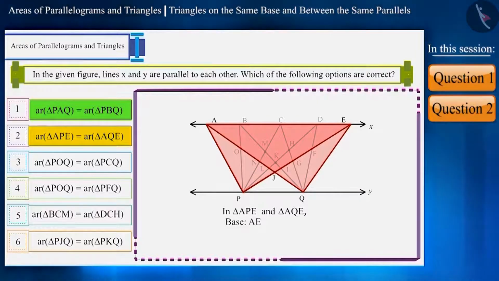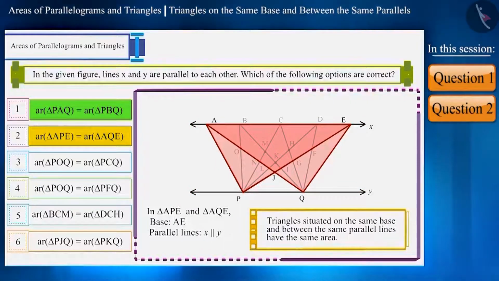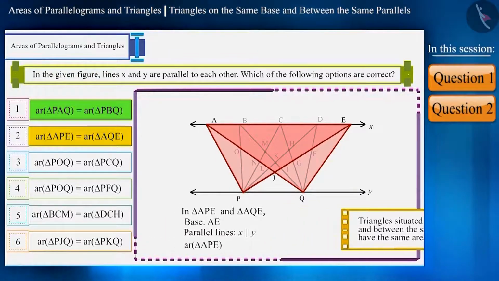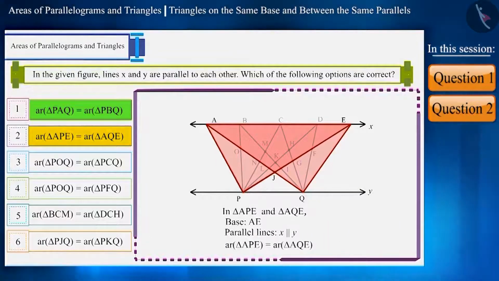These two triangles are constructed on the same base AE and they are situated between the same parallel lines X and Y. And we know that the areas of triangles that are situated on the same base and between the same parallel lines are equal. Therefore, the areas of these two triangles will be equal. So, our second option is also correct.